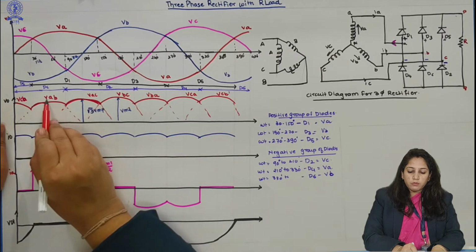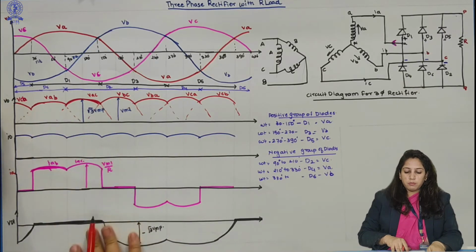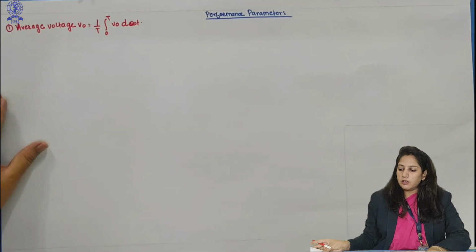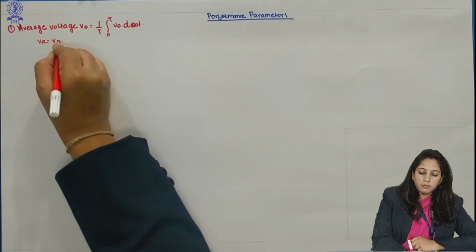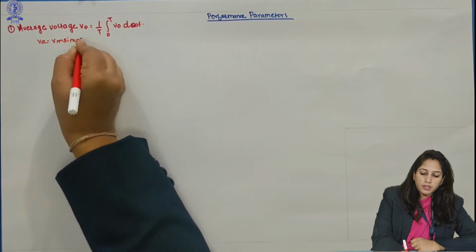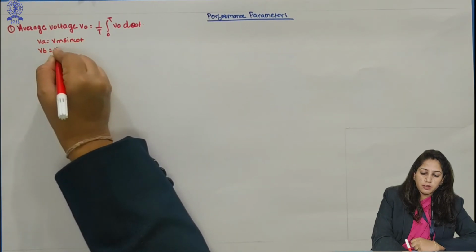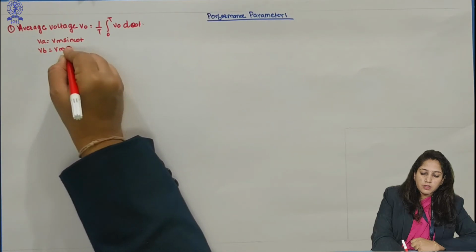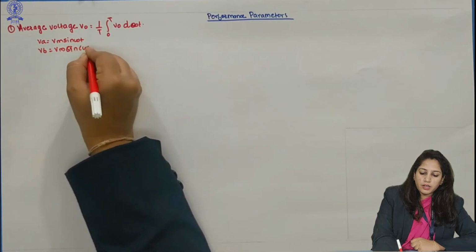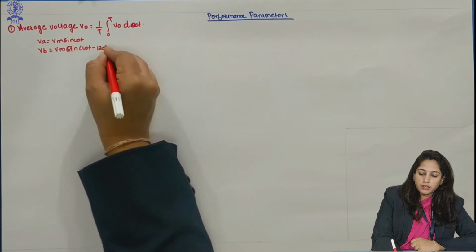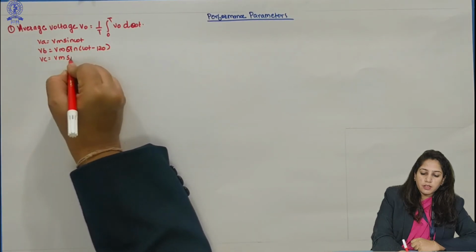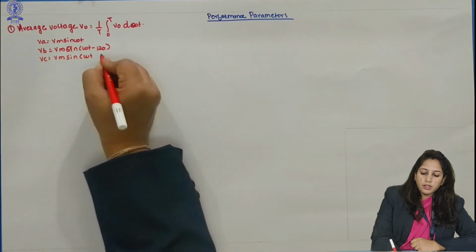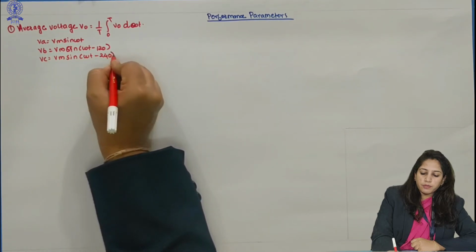So I need VAB, which means VA minus VB. First of all I need to derive what VA, VB and VC are. VA will be Vm sin omega t, VB will be Vm sin(omega t minus 120), and VC will be Vm sin(omega t minus 240).